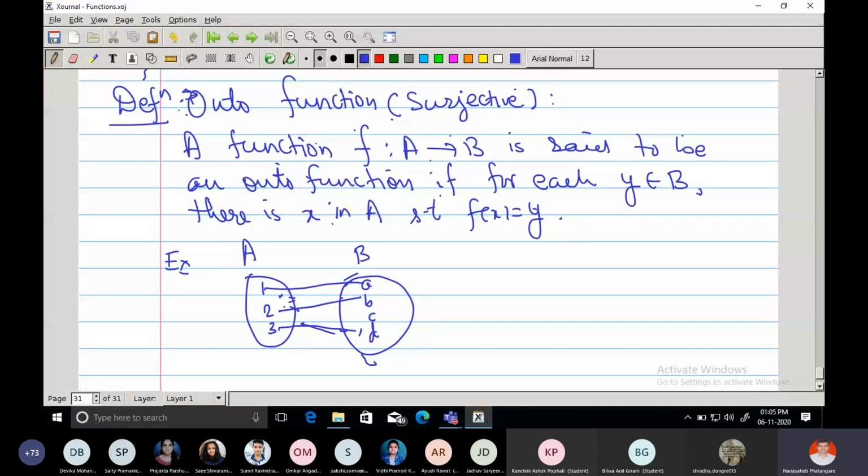So 1 maps to a, 2 maps to b, 3 maps to d. Is it an onto function?